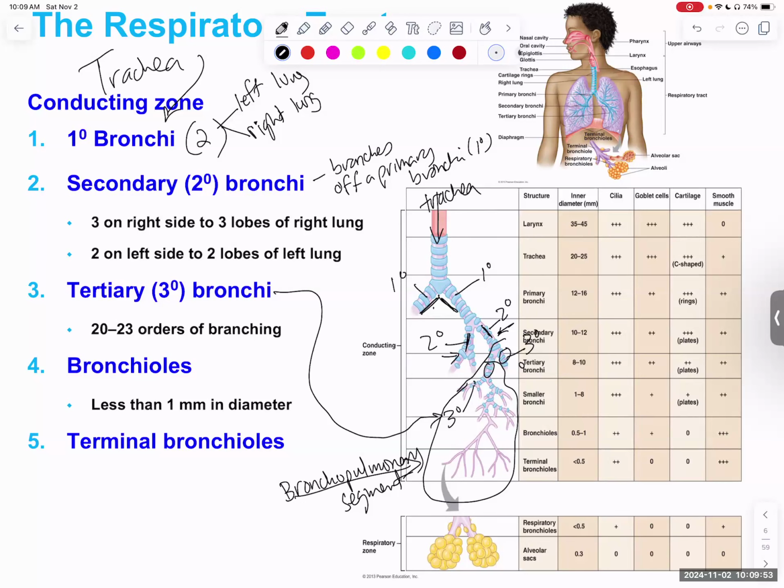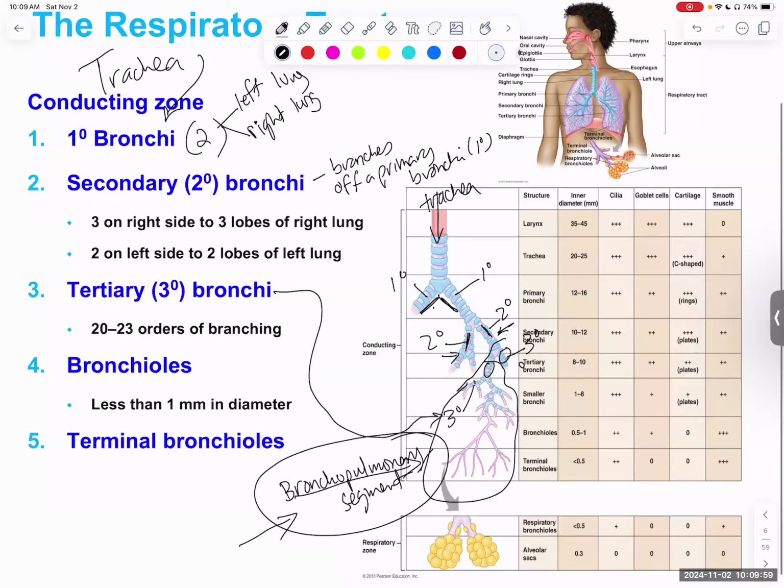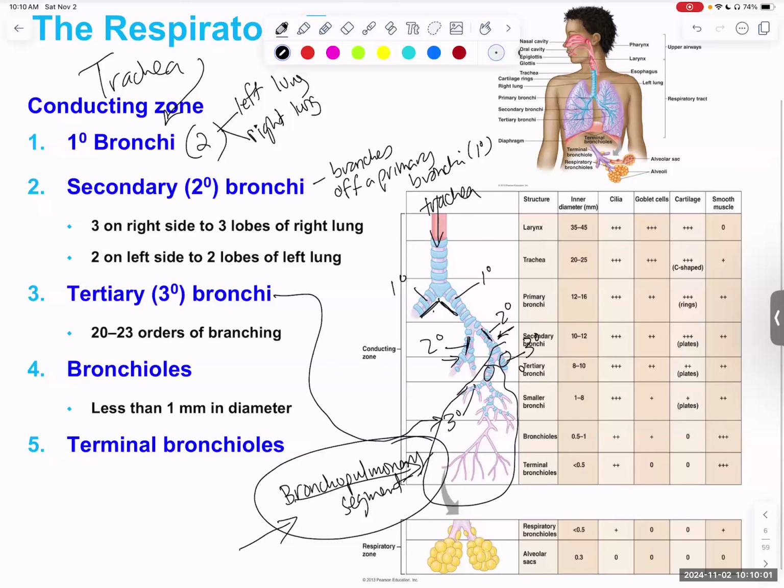And each one of those apartment doors is a bronchopulmonary segment. Each one of those bronchopulmonary segments or apartments has their own heating and air conditioning, where they're bringing in air and they're cooling it down, or they're bringing in air and heating it up. In either case, that whole unit has its own control over that airflow.